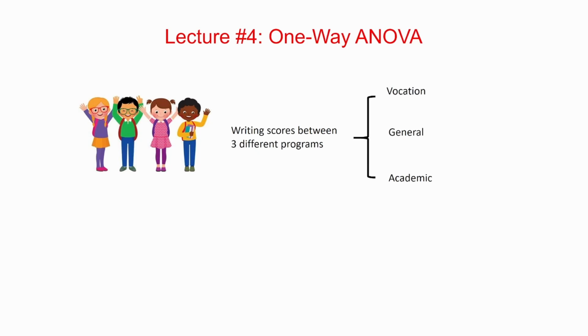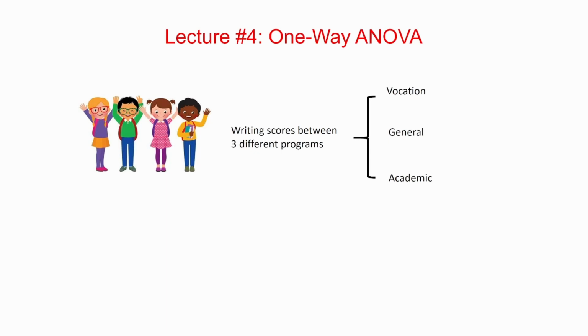In this tutorial, we're going to use the same data set, namely the student's academic performance data set. The dependent variable again is the writing score. But here, the independent variable is not gender, which we used in the t-test. Here, we're going to use a variable which has 3 categories: vocation, general, and academic.